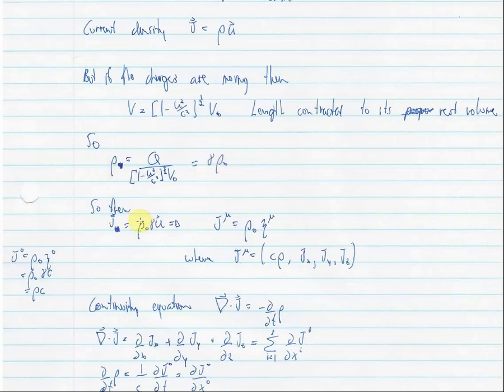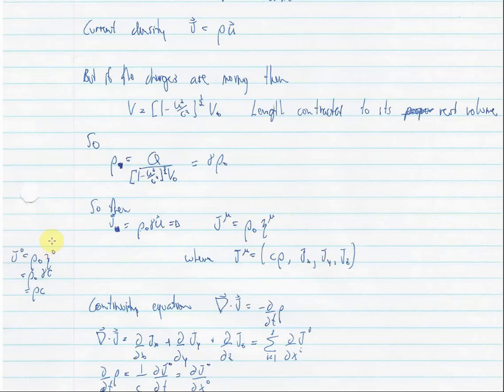So we can either think of this as rho naught gamma u or gamma rho naught u. Either way, it leads to the same thing, that the 4-vector for current can be represented by the proper charge density times the proper velocity.